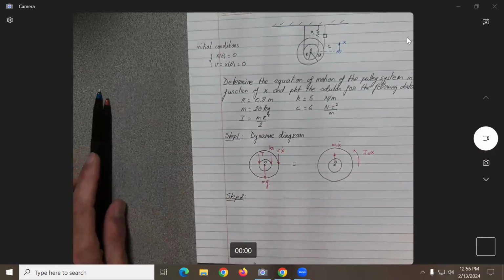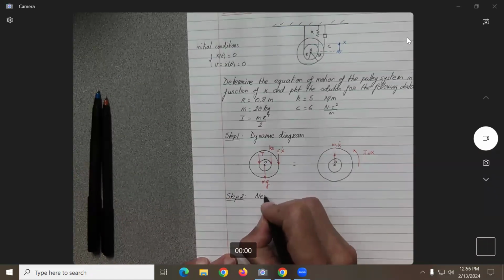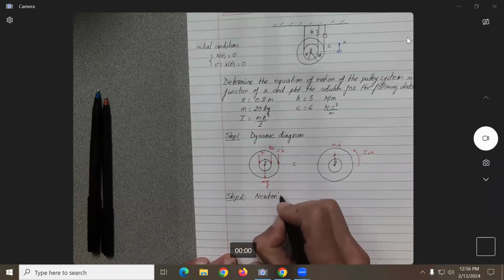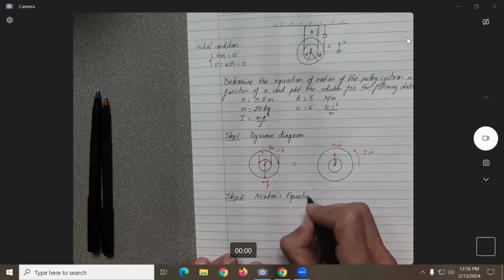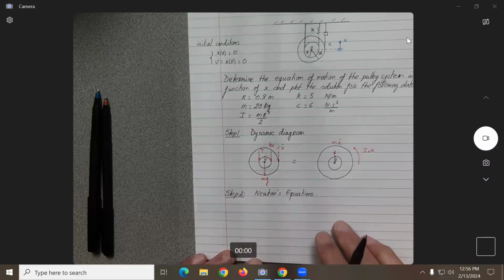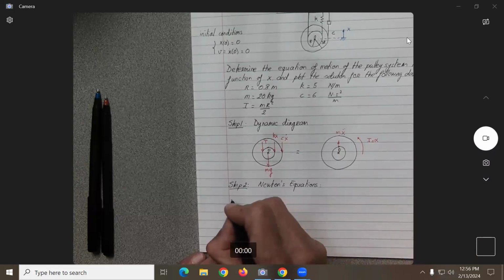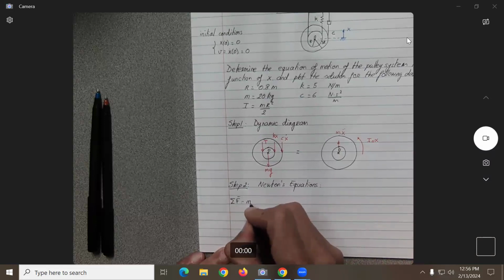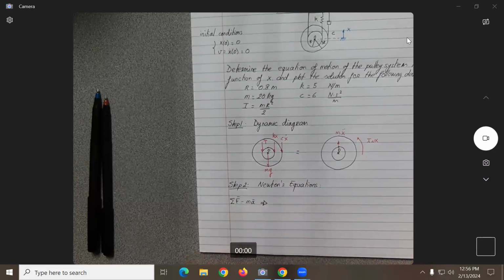What should be step two? Okay, so Newton's equations. Since we have translation and rotation, we need to apply both of them. Now the summation of forces equals m a.